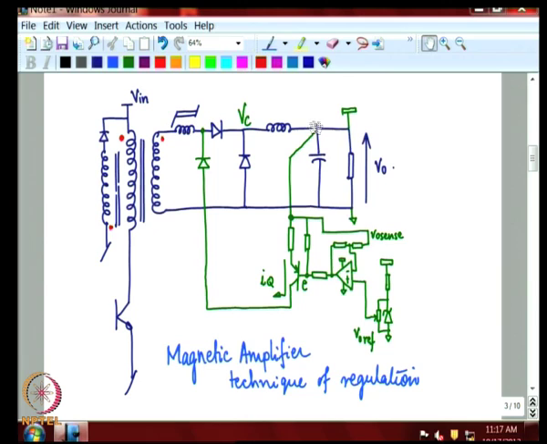So, the regulation is in the local loop. This duty cycle is controlled based on the controlled winding loop. Okay. Whatever that happens, this inductor is acting as the control for this particular output through this means.